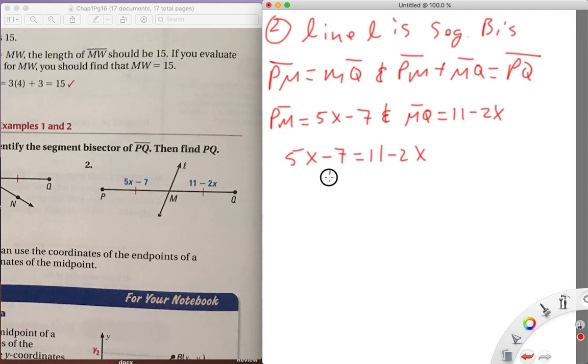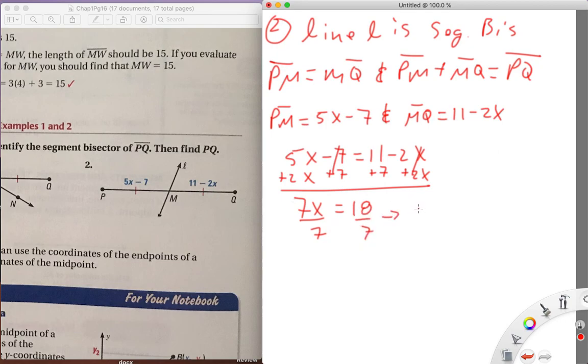I can add 7 to both sides, and I can add 2x to both sides. That gives me 7x. What an ugly number I'm going to have. 7x is equal to 18. Divide by 7, and I get that x is equal to 18/7.